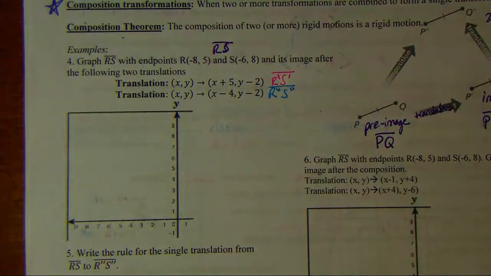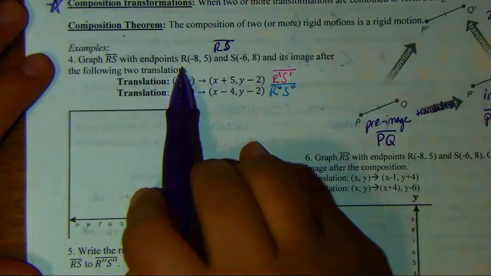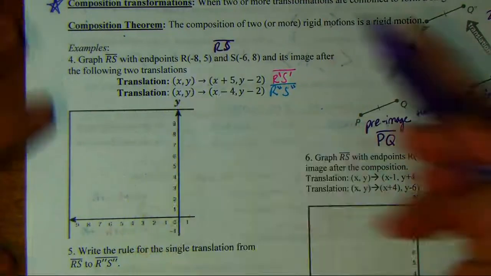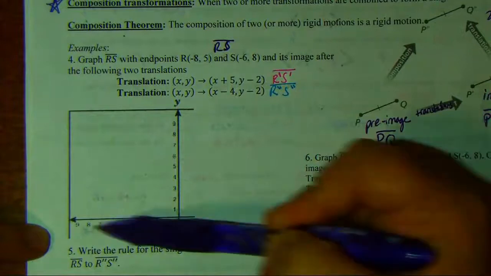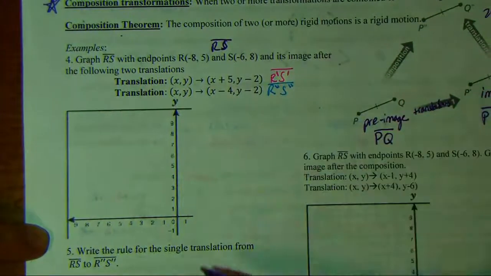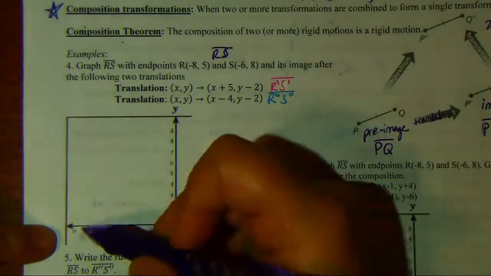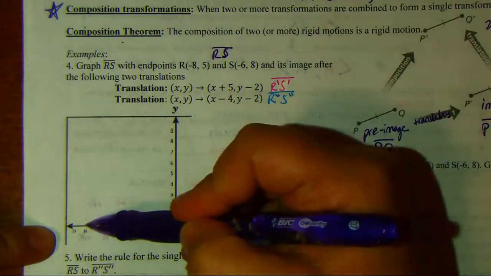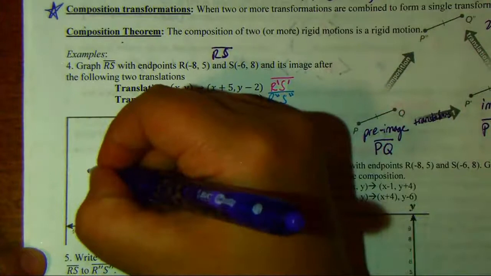So let's pay attention to what we have here. Our pre-image here is R at -8, 5. So on our graph, here's our y-axis, and x is already in the negative area here. So -8, and 5 up. So we have -8, and then we have 1, 2, 3, 4, 5.